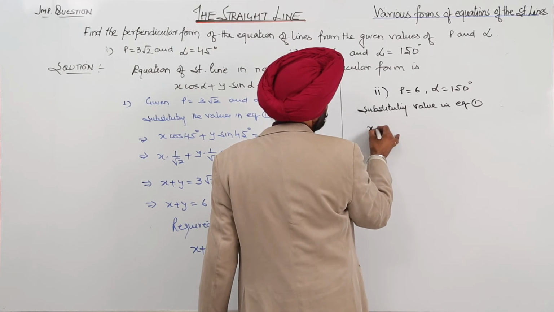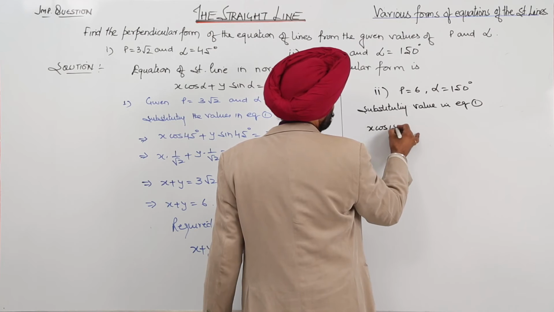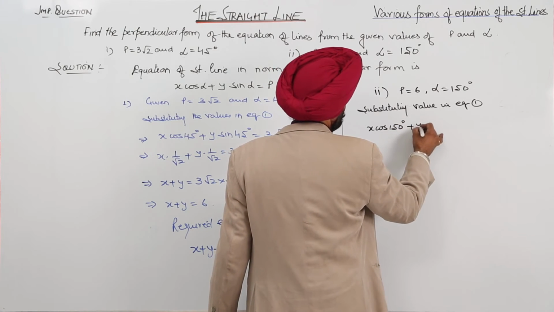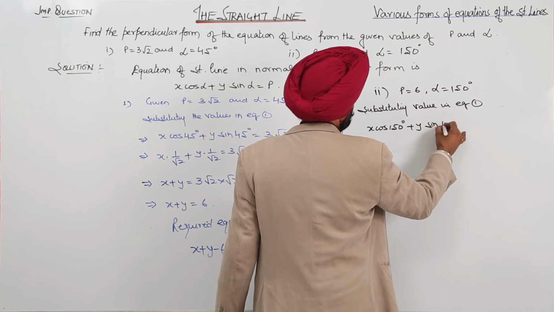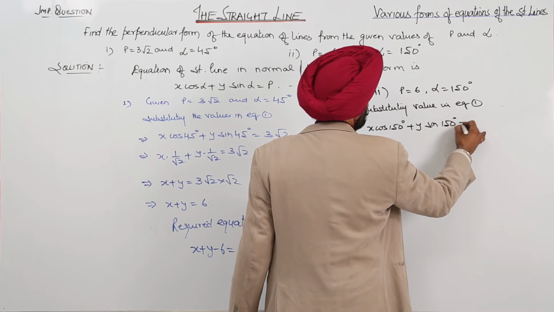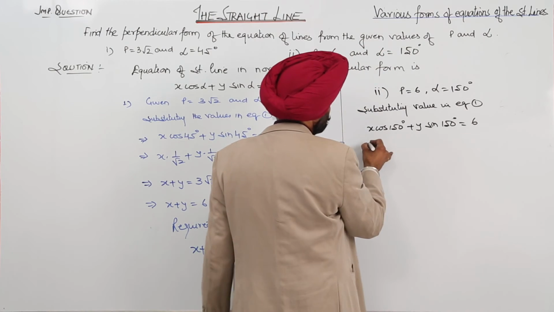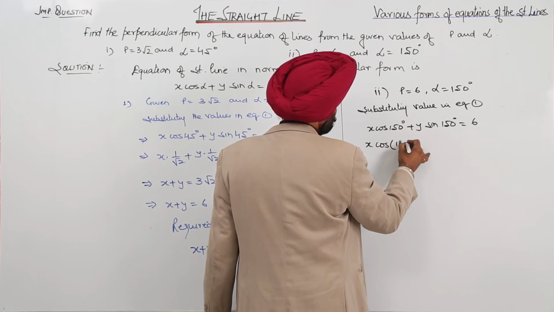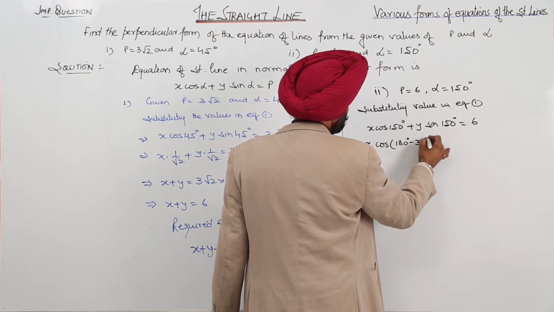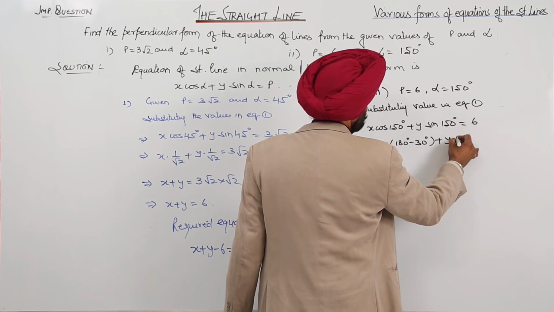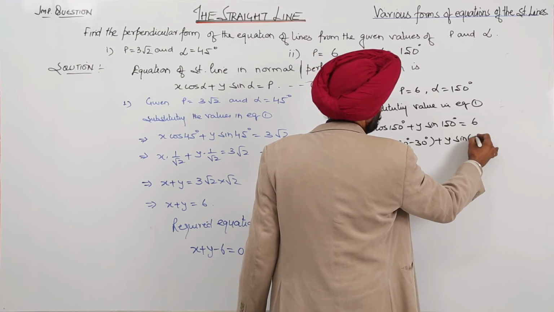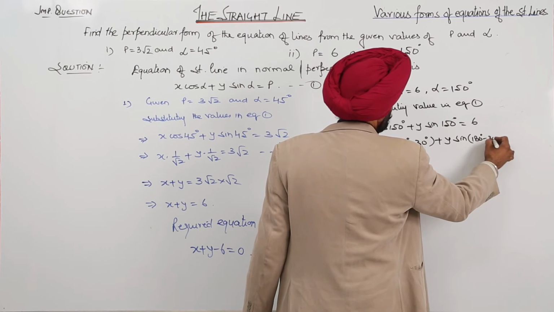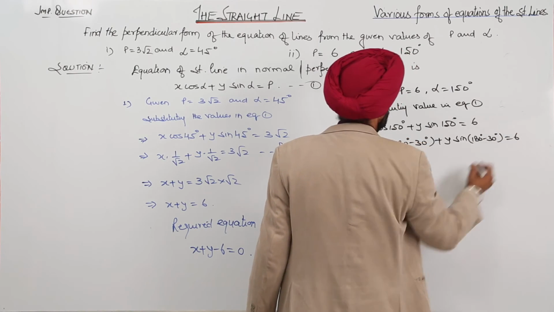So x cos 150 degree plus y sin 150 degree is equal to 6. x cos of 180 degree minus 30 degree plus y sin of 180 degree minus 30 degree is equal to 6.